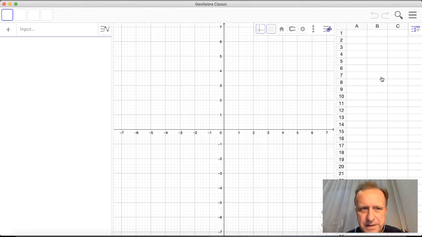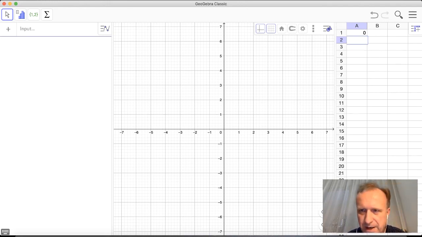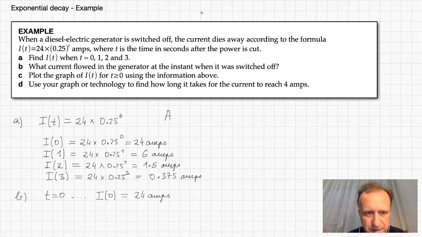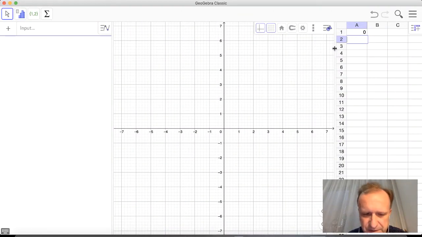I will add it here, and again take time to change from 0, and I don't remember, for times greater than 0. So we have to do it for times greater than 0. Let me do it for the first 3 or 4 units. So 1, 2, 3, 4, let me go to 5. Okay, like that.